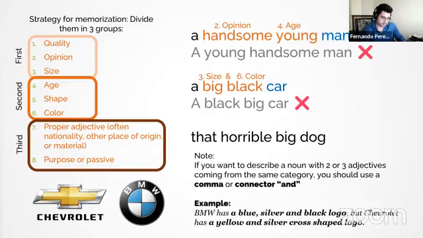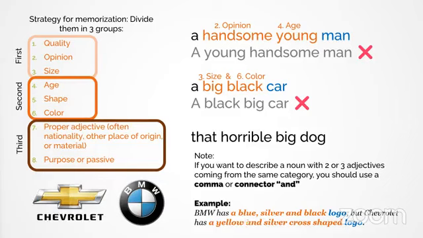BMW has a blue, silver, and black logo, but Chevrolet has a yellow and silver cross-shaped logo. Shaped, exactly. That's correct. As you can see, the colors are part of the example. And this is pretty much it.